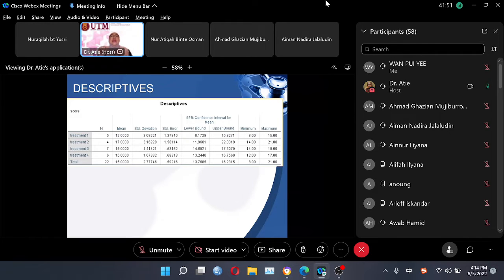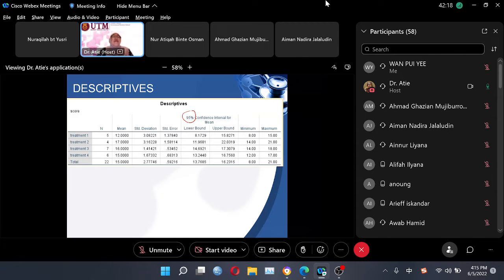When you click the descriptive table, you have this 95%, which is the SPSS default. If you would like to change to 90% or 99%, for example, you need to change the percent of your significance level, or confidence interval.